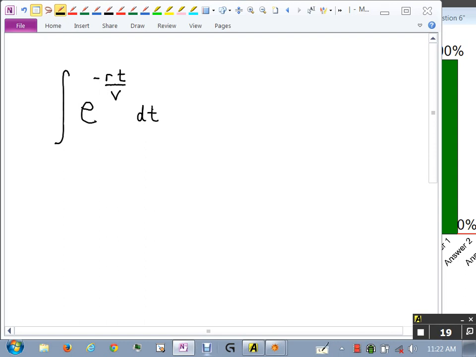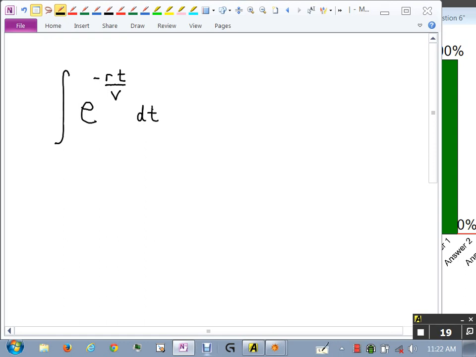That's what we need to determine, okay? So according to what I've put up here, you want the antiderivative of e to the negative RT over v. What is the variable? T. How do you know that? It says dt, so you know that the t is being treated as a variable.